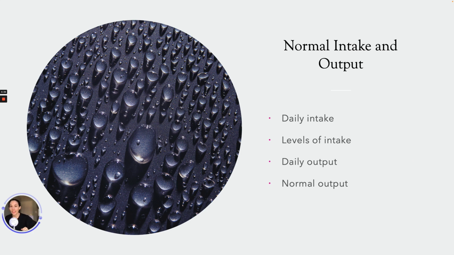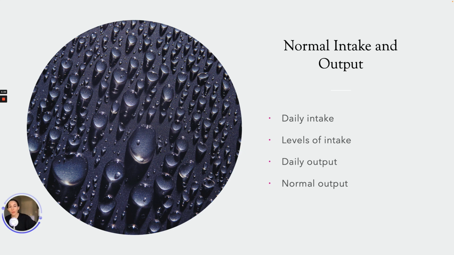So, normal intake and output. An adult human at rest takes in approximately 2,500 milliliters of fluid a day. Approximate levels of intake include 1,200 milliliters of fluids, 1,000 milliliters from food, and metabolic products are 30 milliliters.